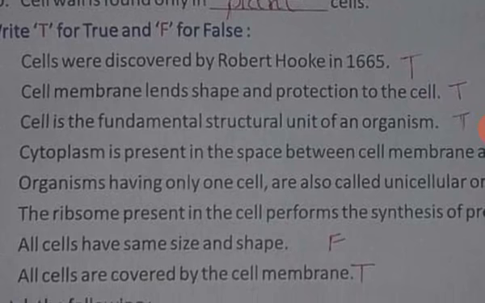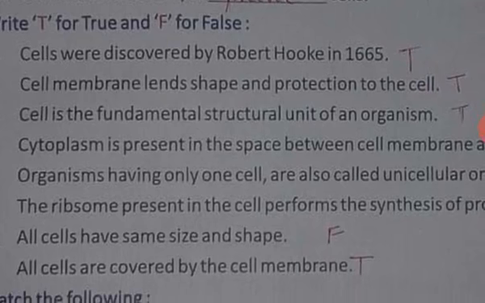Okay, the egg of the ostrich and the nerve cells, both. Nerve cells is the longest cell, but the largest cell is the egg of ostrich. And the question number 9 is cut, and the 10 is the cell wall is found only in the plant cell. The cell wall is found only in the plant cell.